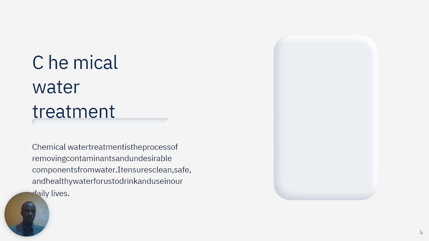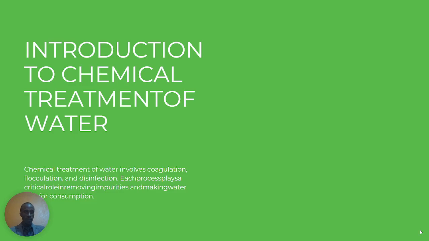So chemical water treatment also aims at removing undesirable contaminants from water using chemicals. It ensures clean, safe, and healthy water for us to drink and use in our daily lives.